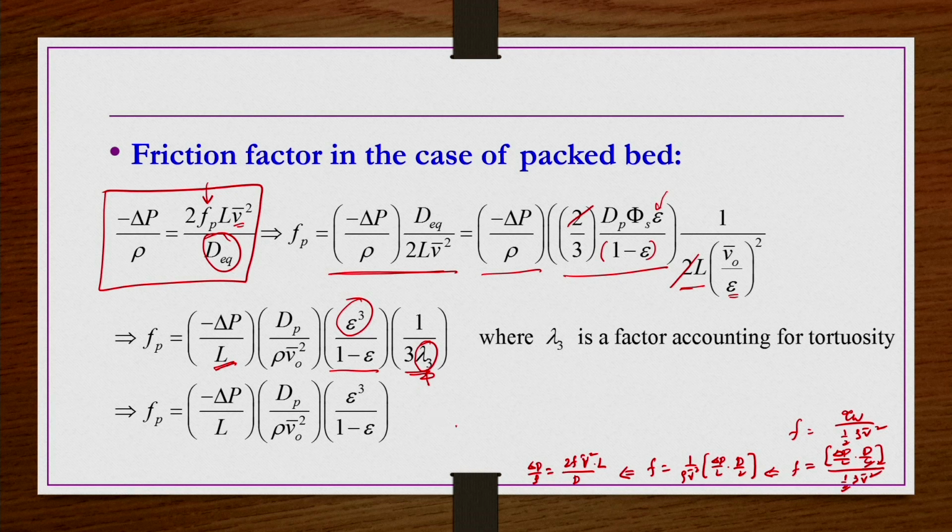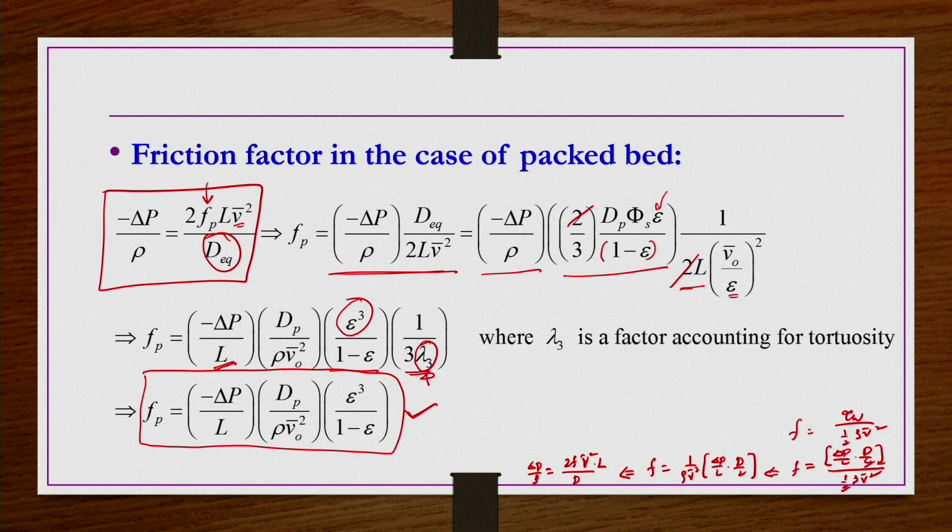However, when you do the dimensional consideration, you take only the parameters, we do not take the constants etc. in the picture, or those can be clubbed with the other constants of the final equation that we are going to derive. So, without 1 by 3 lambda 3, it has to be defined, because in dimensional considerations we take only parameters, not constants.